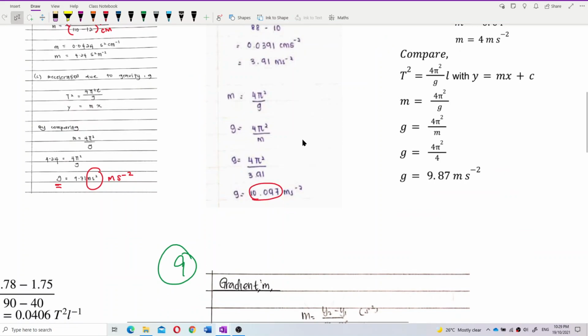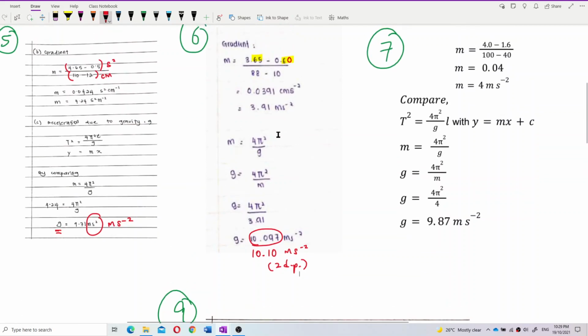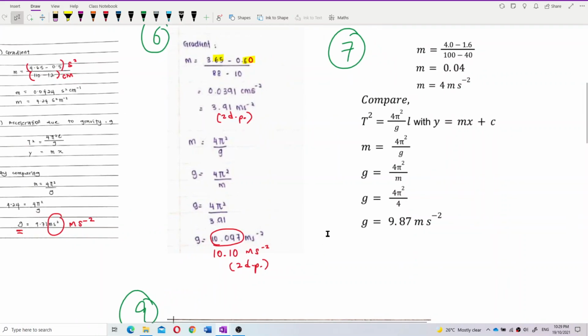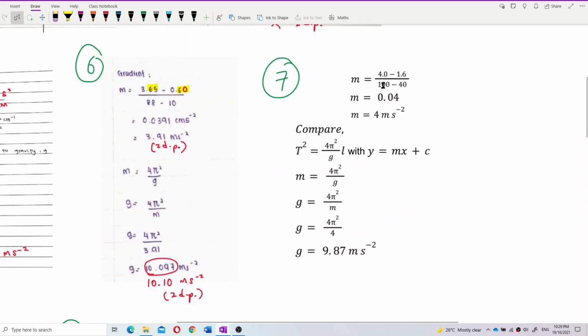My God. 10, you must write as 10.10, like that. Meter per second square. Only 2 decimal points. The gradient value 2 decimal, the required value also 2 decimal. Okay. So how about this one?